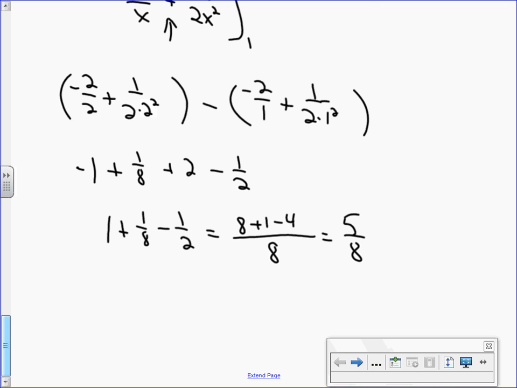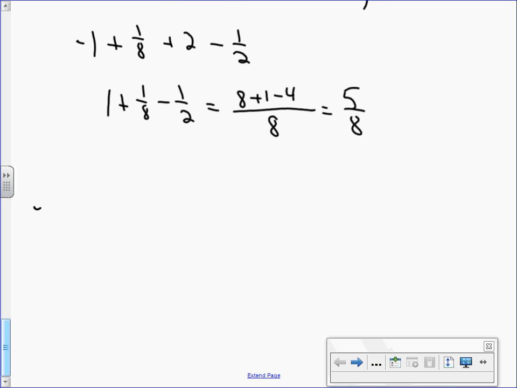Okay? And one quick trig one. So you notice that 0 to pi over 4. It's pretty common on the trig ones for you to have trig numbers as your integration values here. Okay?